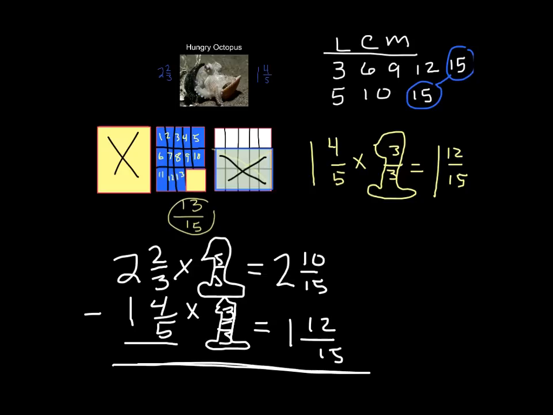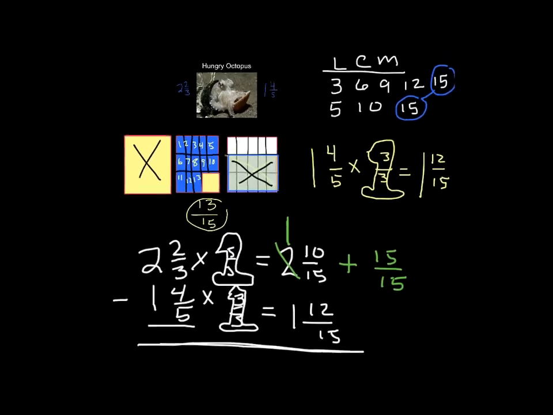So what I'm going to do is I'm going to simply use a new color here so it makes sense. I'm going to borrow from that 2, turn that 2 into a 1, and then I'm going to add, because I'm working with 15ths here, I know that if I have, just like the giant 1, if I have 15 over 15, that's really going to be 1 whole, right? So I'm going to do that.